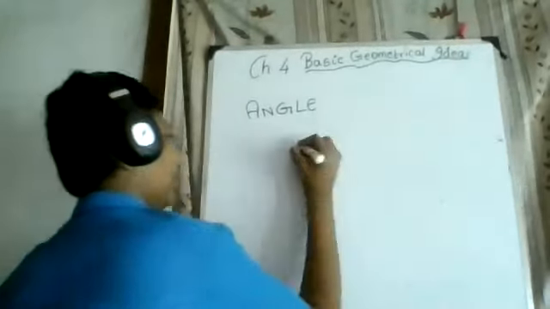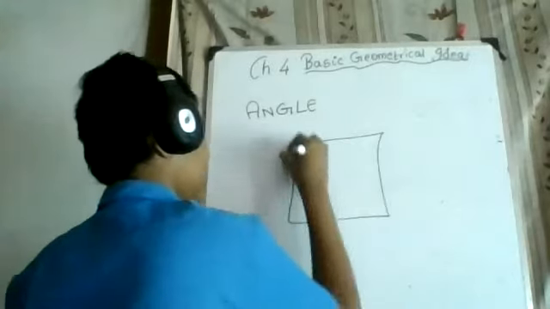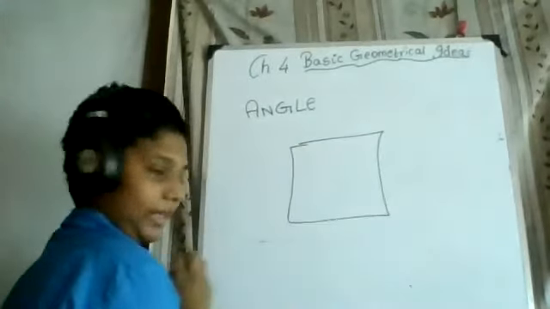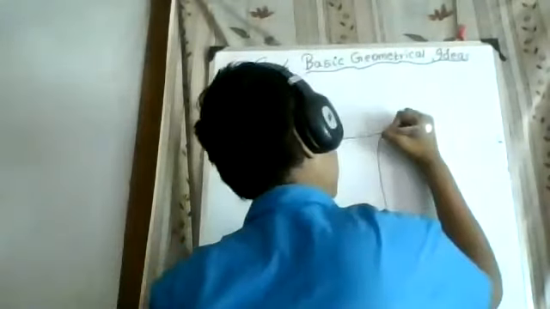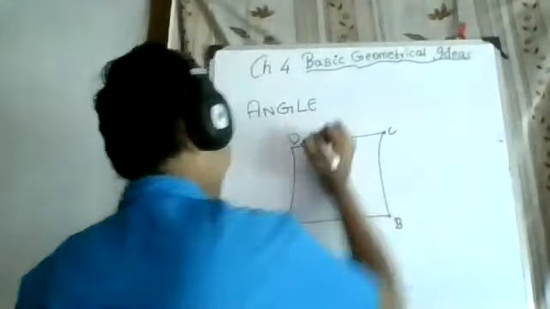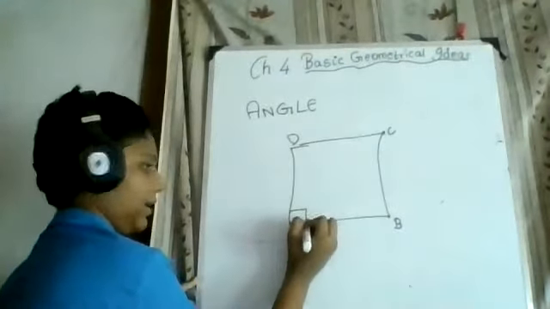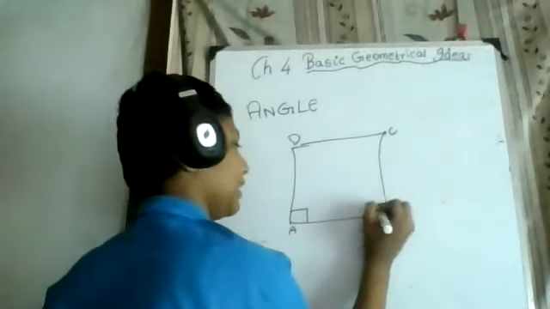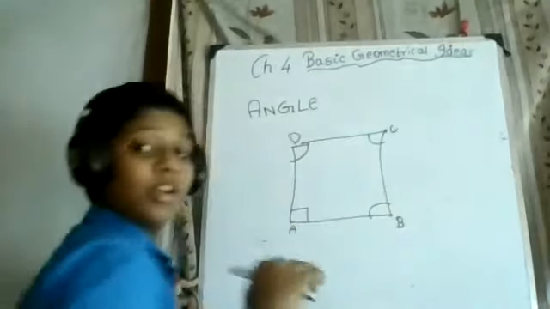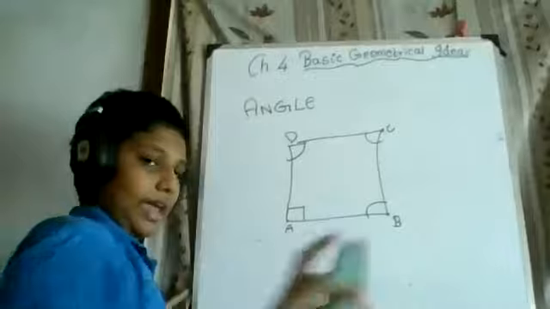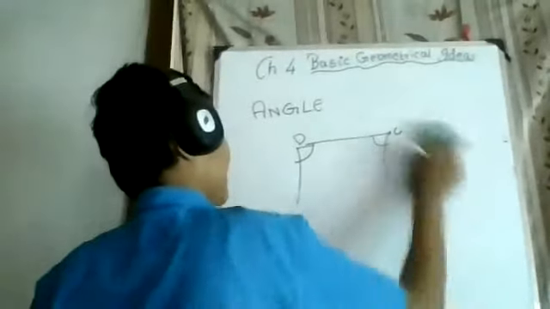See, this is a four-sided polygon, A, B, C and D. We have an angle here, an angle here, an angle here, and an angle here. We have four angles.